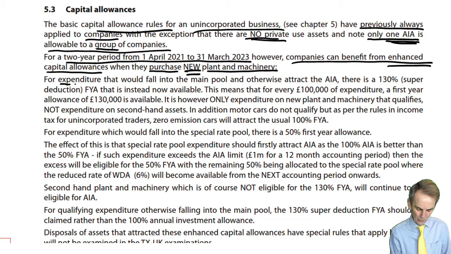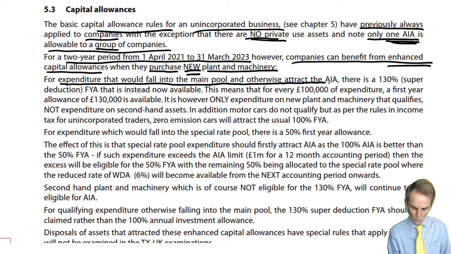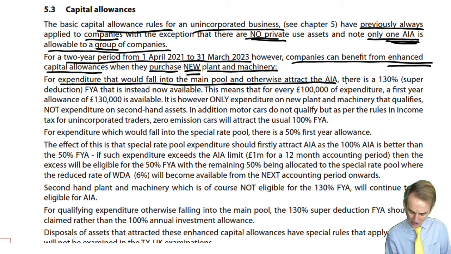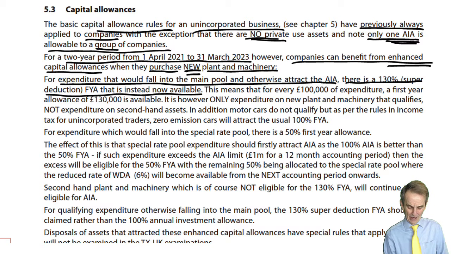And it's available for expenditure that would fall into the main pool and would otherwise attract the AIA. So anything that was main pool expenditure that would otherwise have attracted the AIA, so not things like cars, then there's a 130% super deduction FYA that is now available instead. Now remember, this is only available for new plant and machinery, not second-hand plant and machinery.